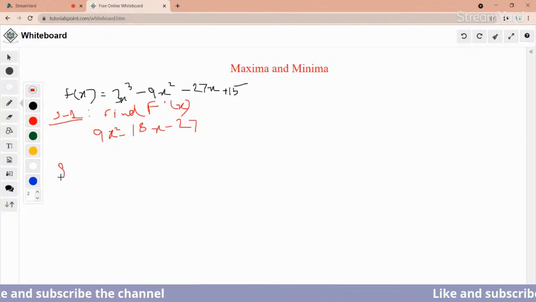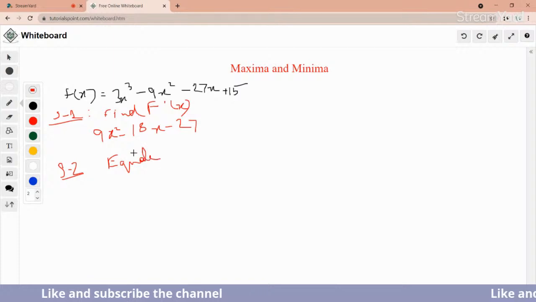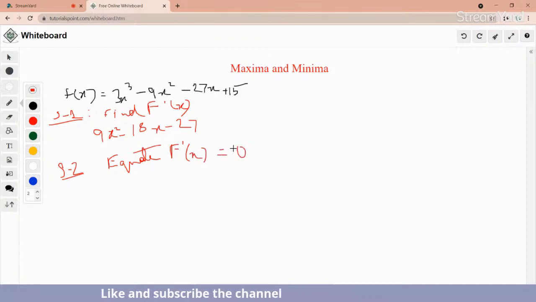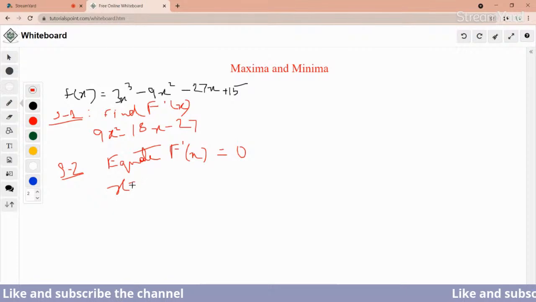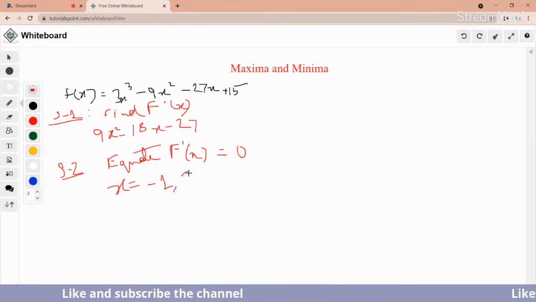Step 2 is again the same as the increasing function: equate f dash x with 0 and find the value of x. In this case, the values of x coming are -1 and 3. If you calculate yourself, you will easily get it.